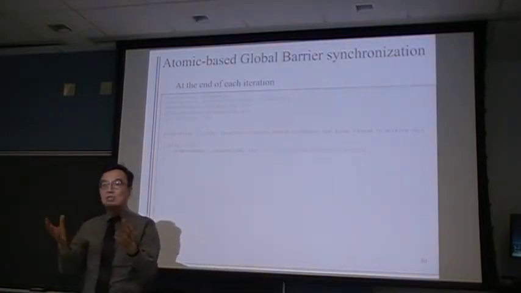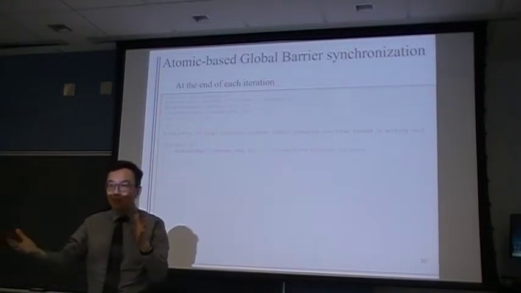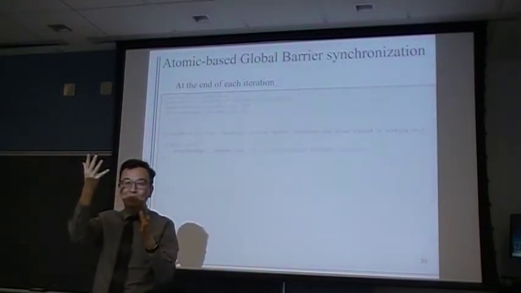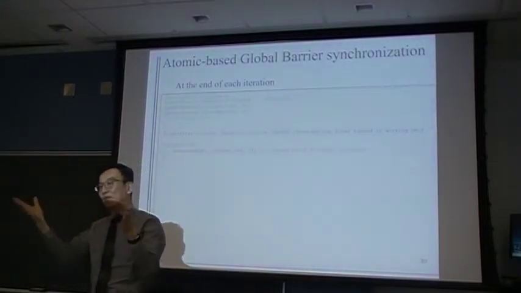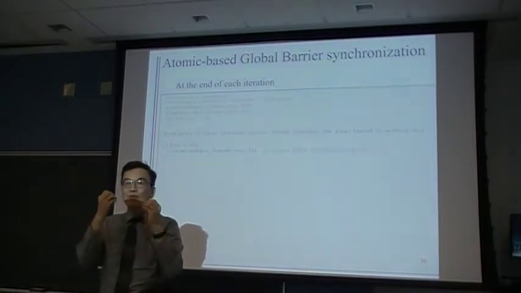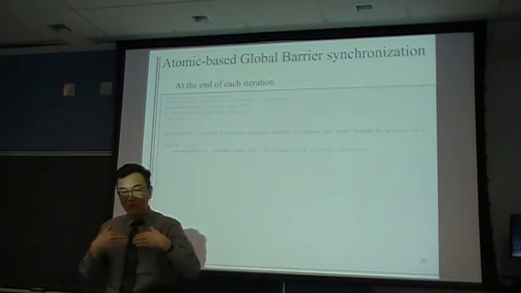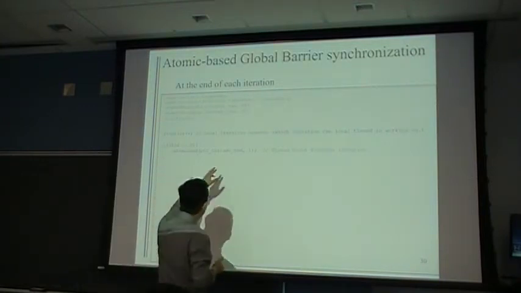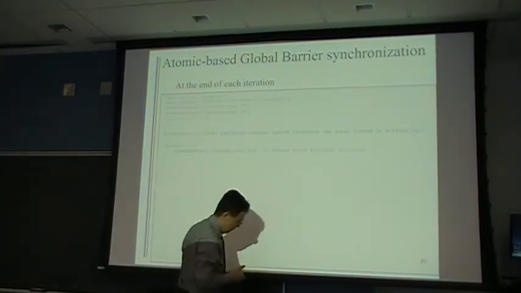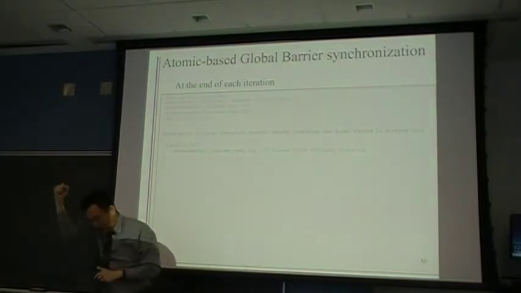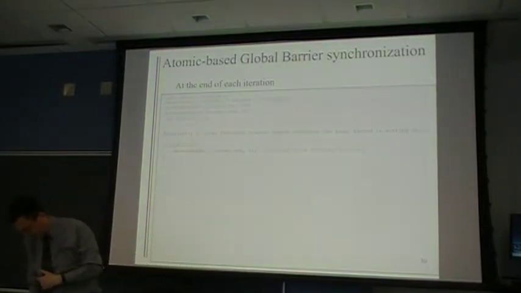And you want to see all the thread blocks report to this. This is the point of the barrier. You want to make sure that everyone has arrived before you let people move on. So the thread block comes down here, and says, okay, I'm done, so increment that value by 1.